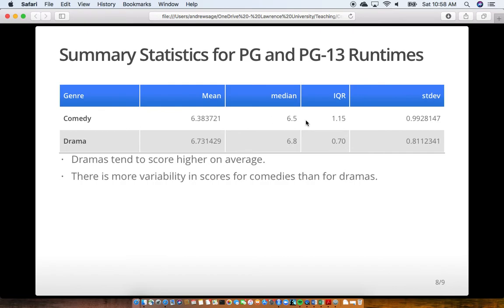But we see that for comedies, the interquartile range is 1.15, higher than the 0.70 for dramas, and the standard deviation for comedies is 0.99, which is higher than the 0.81 standard deviation for dramas. This backs up our observation that there's more variability in the scores for comedies than for dramas.